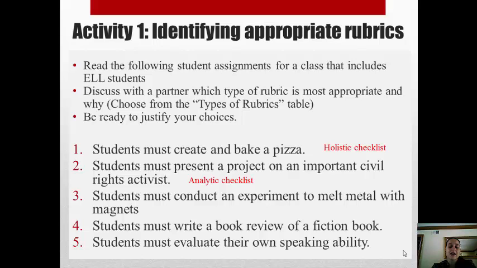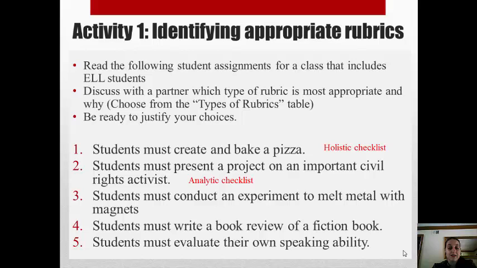And so as long as the student was able to complete each of those areas in a good way, the checklist allowed me to identify if they did a great job or a satisfactory job in each one of those areas.